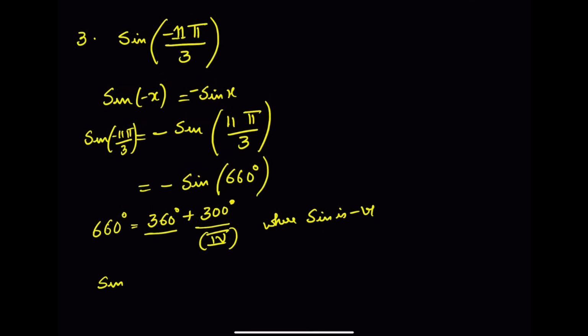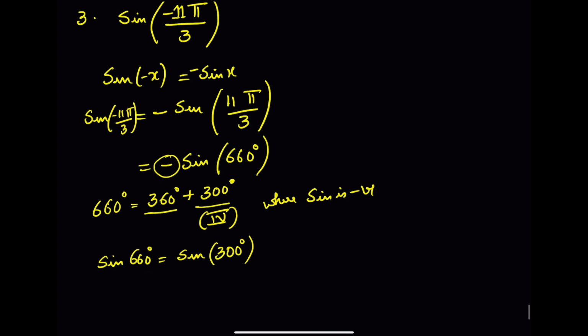So sine of 660 degrees can be written as sine of 300 degrees, because the first rotation, this 2 pi, can be ignored. So, don't forget the negative sign here, that is important. We want to calculate the value of minus sine 660.